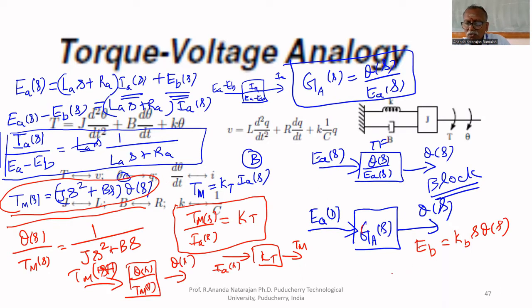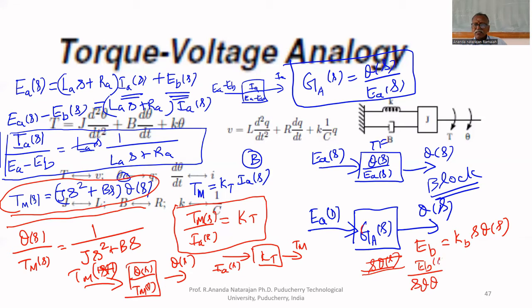Therefore, what is the output? The output is EB of S, and the input is S theta of S. I am deliberately including that S; I'll explain later.